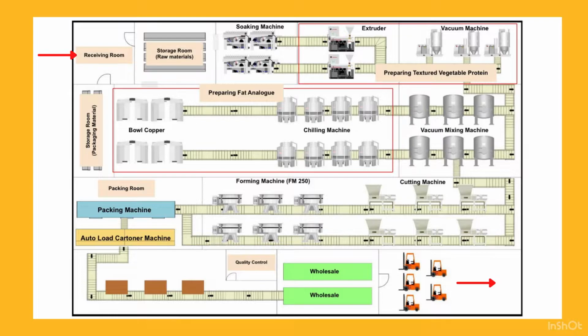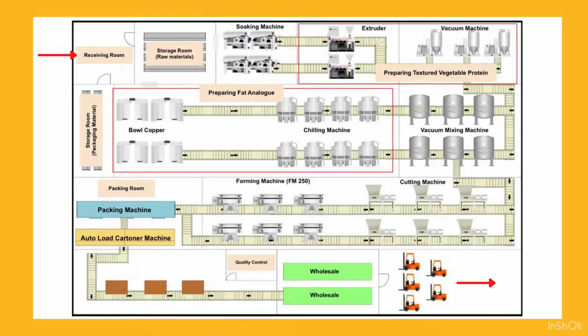I will explain more about the machines that are located in each room. Start with the stocking machine for cleaning the raw material. Extruder and vacuum machine are used to prepare texture vegetable protein. The fat analog will be prepared by bowl chopper and freezing machine.